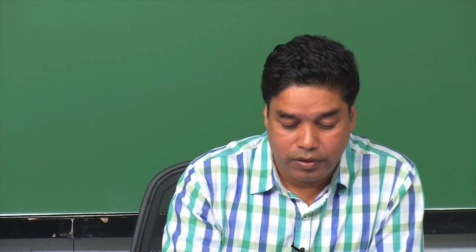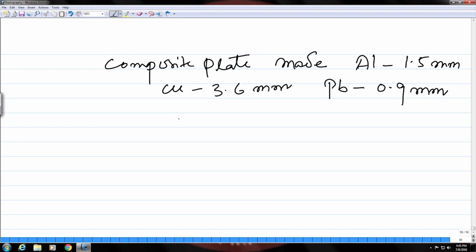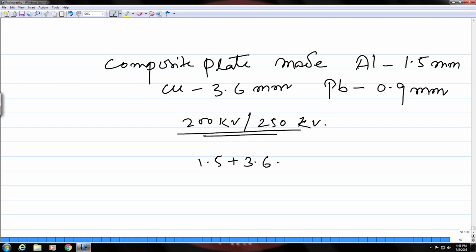So, for a tube voltage, let us say 200 kilovolt or 250 kilovolt, if you want to decide the exposure time for a given tube current, then you first have to convert the thickness of this particular plate into a steel thickness. So, the thickness of this plate is 1.5 plus 3.6 plus 0.9, which is 6 mm.